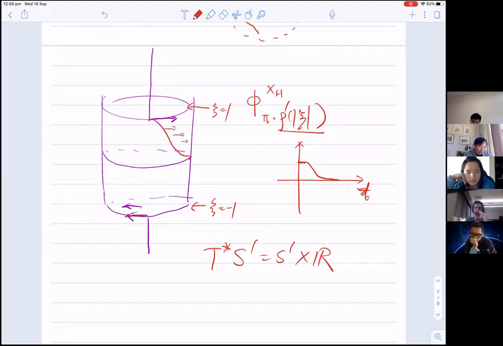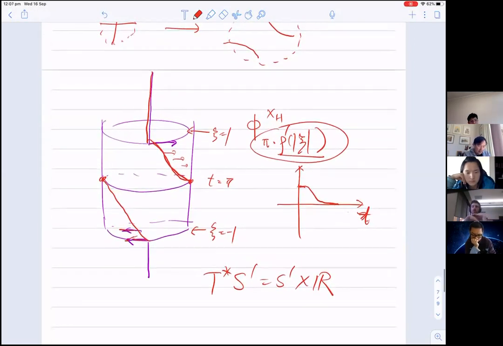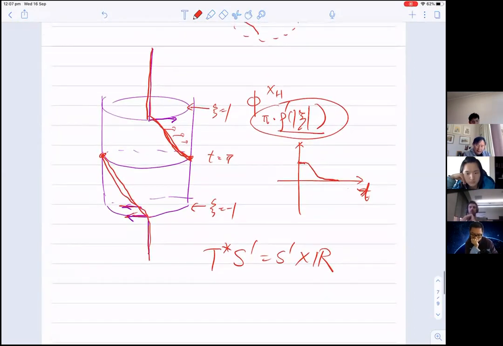But this one is going the other way, so it's rotated to this. So let's suppose this is our t is pi, reaching these points. So now I have a different map. This is the flow at this particular time, and then this becomes this, and this becomes this, and this.